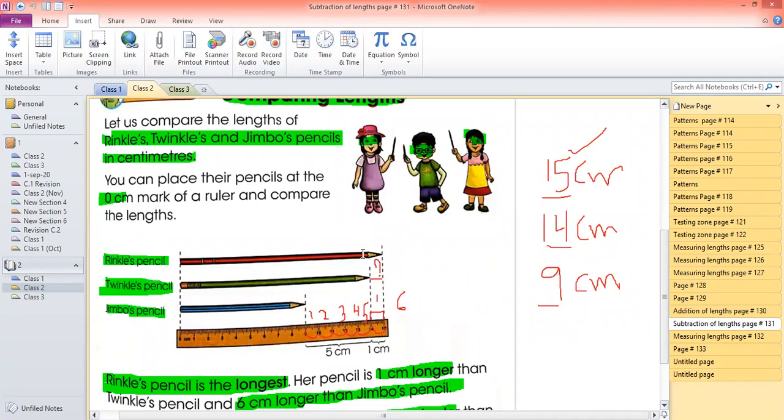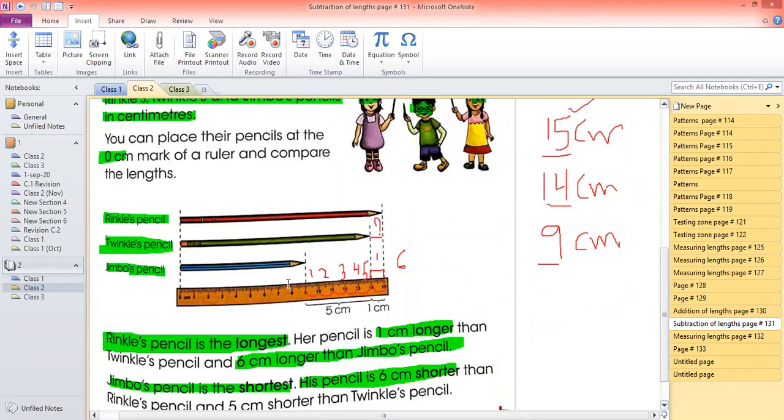So this is 1. If I ask you how much more length Jimbo's pencil needs to be the same length as Wrinkle's, or how much shorter Jimbo's pencil is than Wrinkle's pencil, you will check that this is 9 centimeter and Wrinkle's pencil is 15 centimeter.